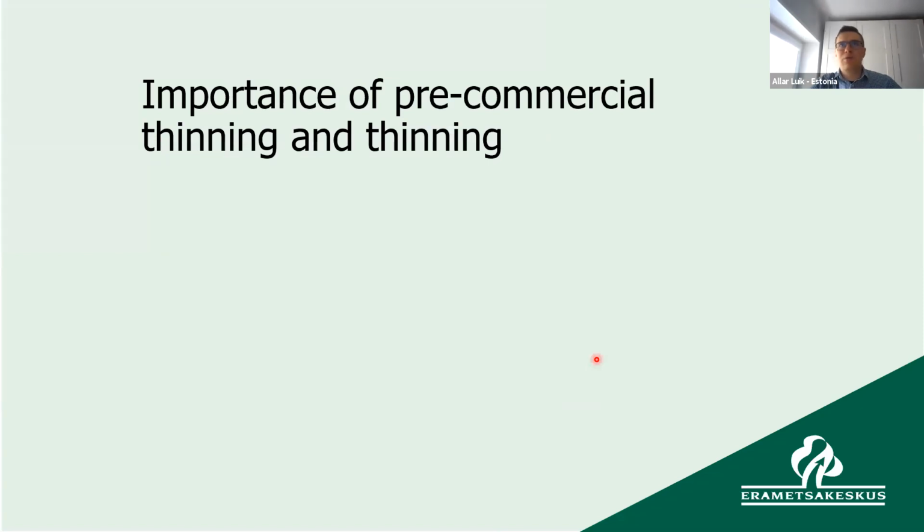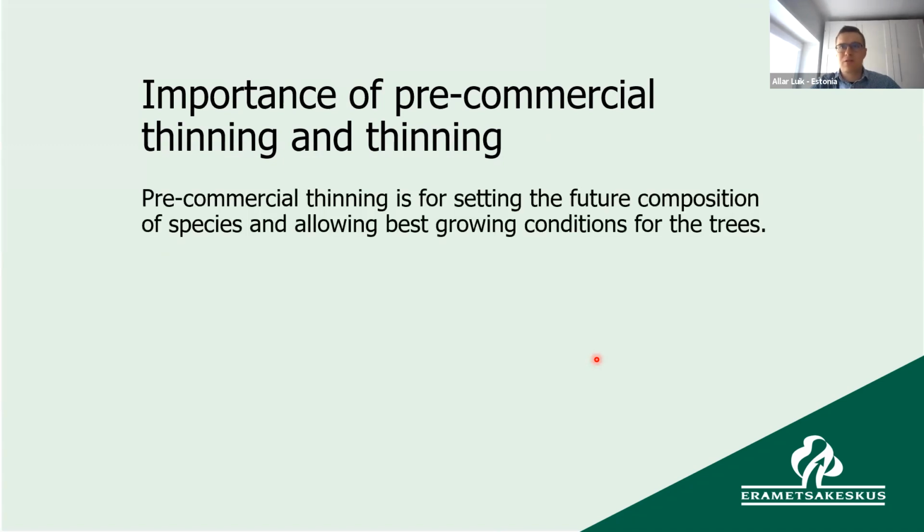Well, why do we do this work? Of course, you all know this as foresters, but let's go over it once again. Pre-commercial thinning is often done so that we can regulate what tree species we have in the future forest.